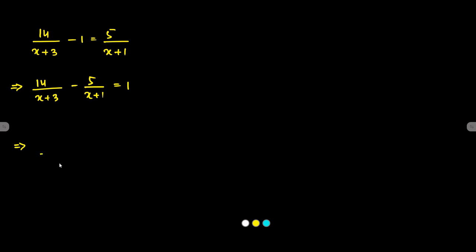here x plus 3 into x plus 1. So here it is 14, x plus 3 gets cancelled, so 14 into x plus 1 minus 5 into x plus 3, that is equal to 1.